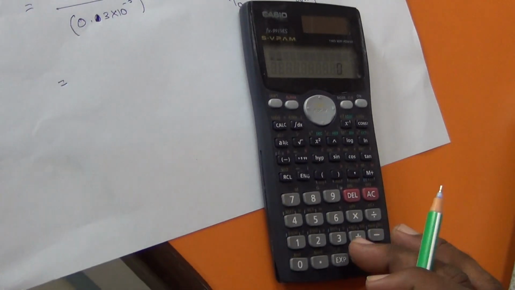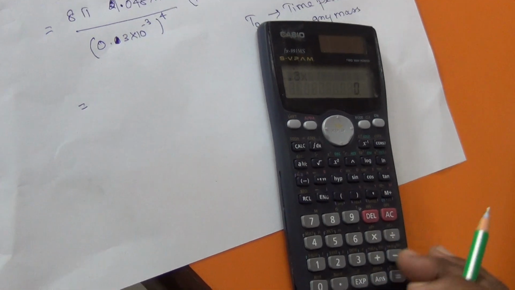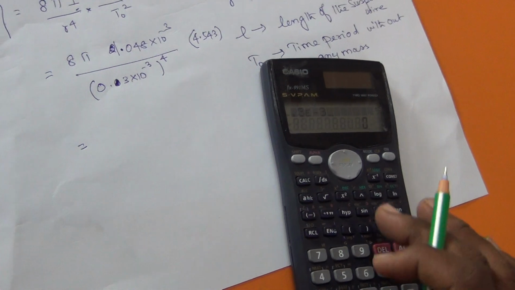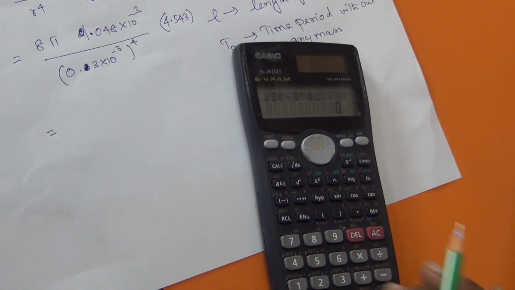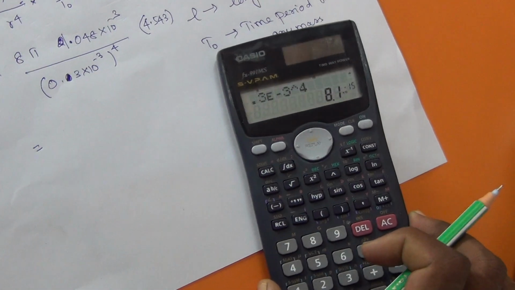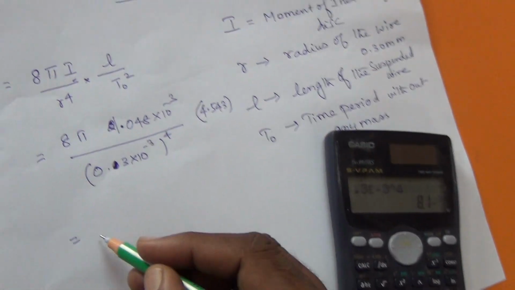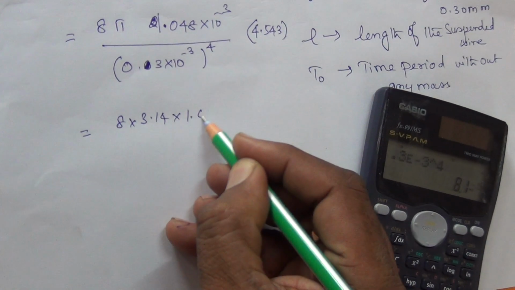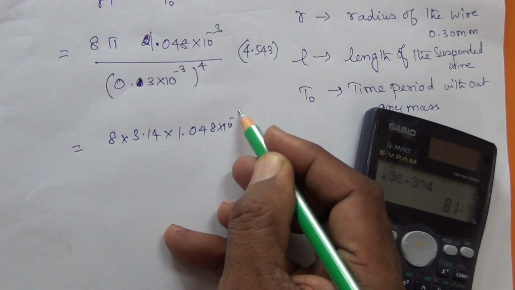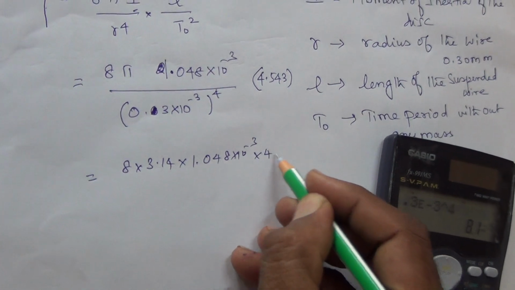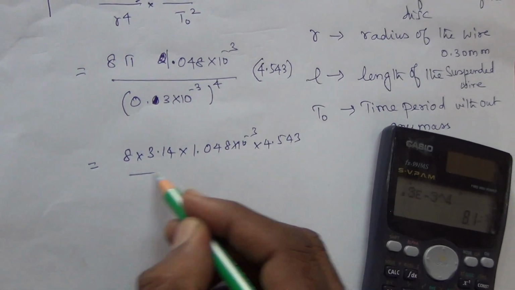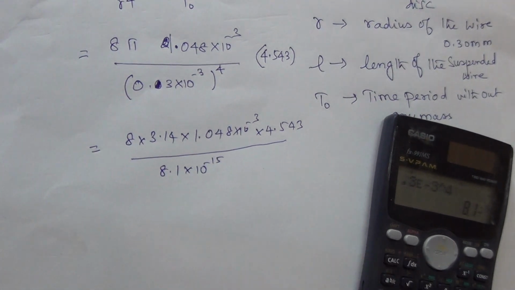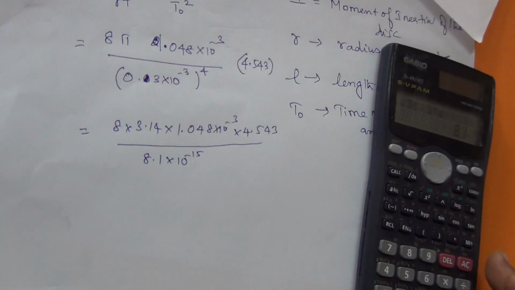So 0.3 into exponential minus 3, whole power 4. The value is 8.1 into 10 raised minus 15. So 8 into pi, which is 3.14, into 1.048 into 10 raised minus 3, into 4.543, divided by 8.1 into 10 raised minus 15. So you do all the calculations.